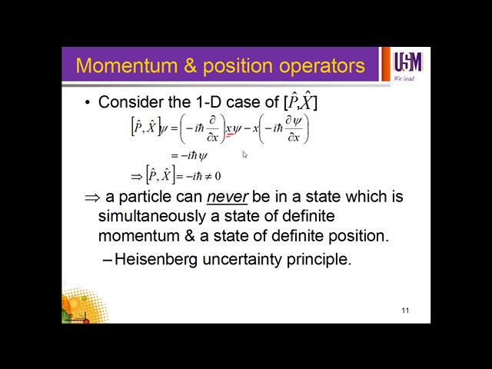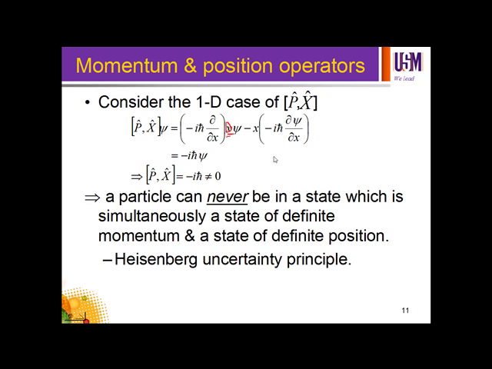When we solve this equation, basically when we differentiate, for example, delta x per delta x is equal to 1, so we are left with i h bar psi minus x minus here.